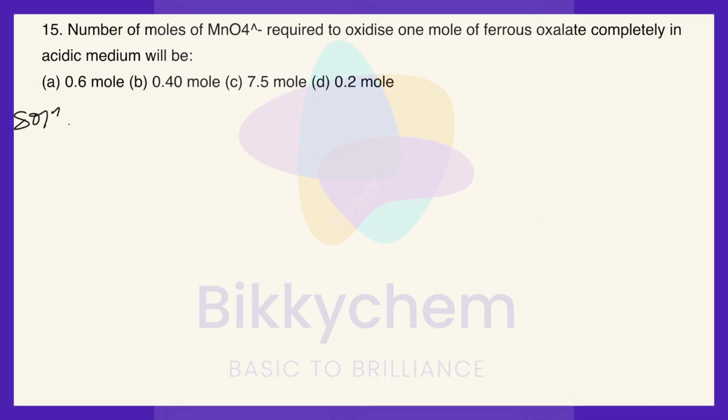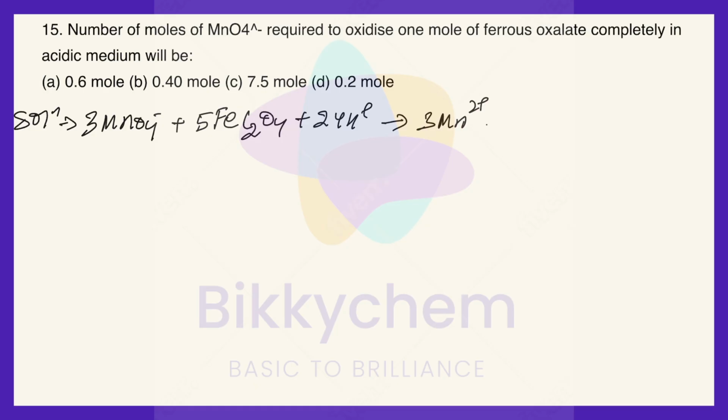So the equation will be 3MnO4 minus plus 5FeC2O4 plus 24H plus will give 3Mn2 plus 10CO2 plus 5Fe3 plus and 12H2O. So this is basically the reaction which happens with the permanganate and the ferrous oxalate.